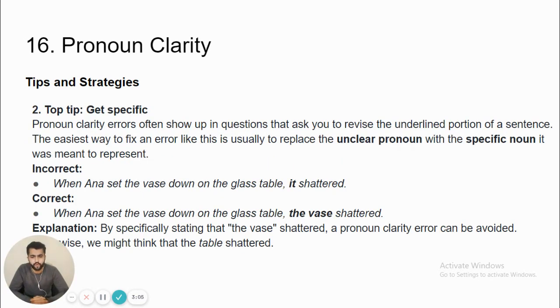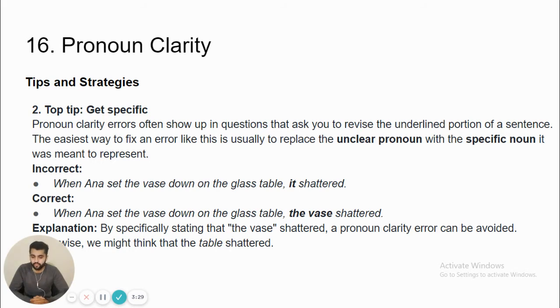Number two, top tip: get specific. Pronoun clarity errors often show up in questions that ask you to revise the underlined portion of a sentence. The easiest way to fix an error like this is to replace the unclear pronoun with the specific noun it was meant to represent. So: when Anna set the vase down on the glass table, it shattered.